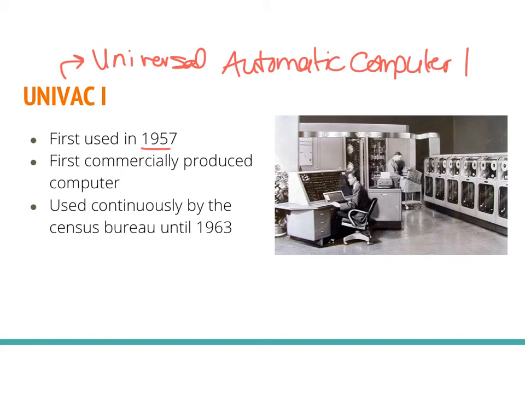And this computer was the first computer that was actually commercially produced and became the first general purpose computing device for business applications. The one other fact that you should know about this computer is that it was continuously used by the Census Bureau until about the year 1963.